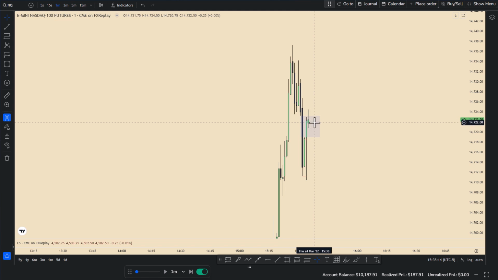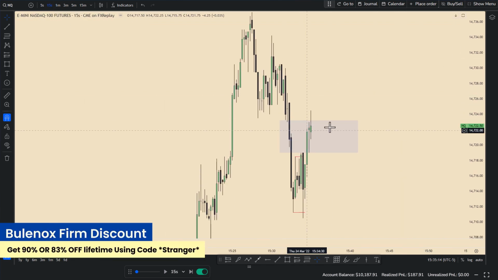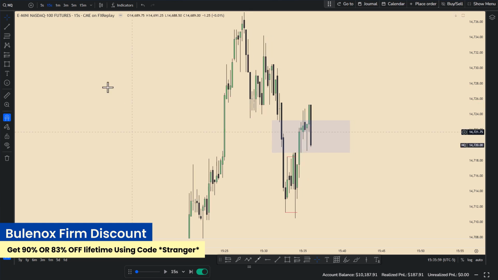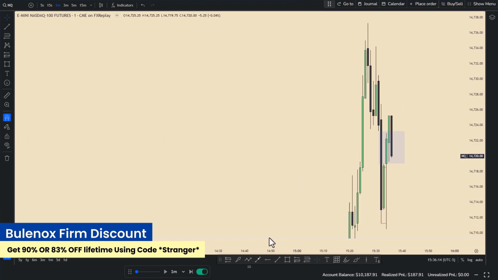We still have this imbalance as like the last resort. Let's see how price closes inside it. We did close above it. Okay.